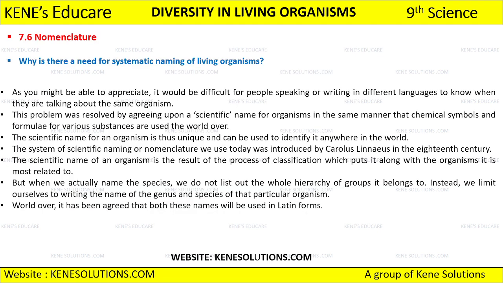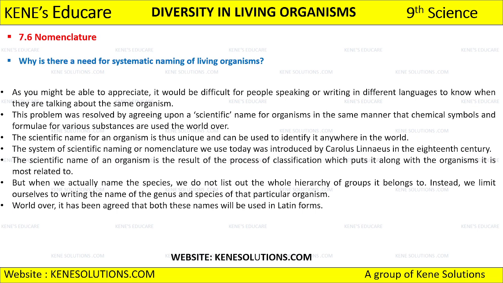Then after this we have nomenclature to discuss. Nomenclature means a system of naming. Like we have 10 different phyla, then phylum Vertebrata has 6 classes under it. So why is there a need for a systematic naming of living organisms? As you might appreciate, it would be difficult for people speaking or writing in different languages to know when they are talking about the same organism, right?